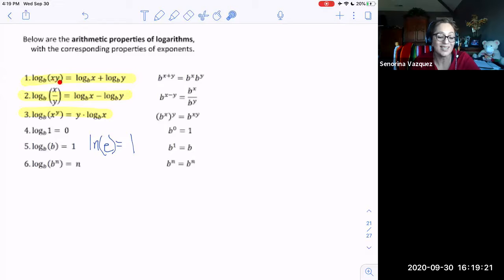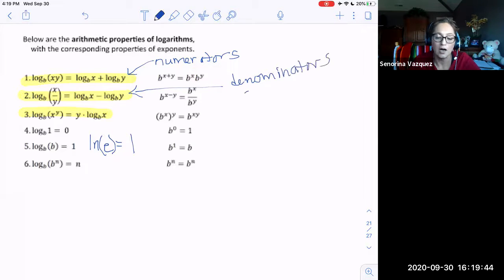Rule 1 says anything that's in the numerator gets split up as sums. Anything in the denominator, this says that anything in the denominator gets subtracted. So denominators are subtracted. That's how this translates into my mind.